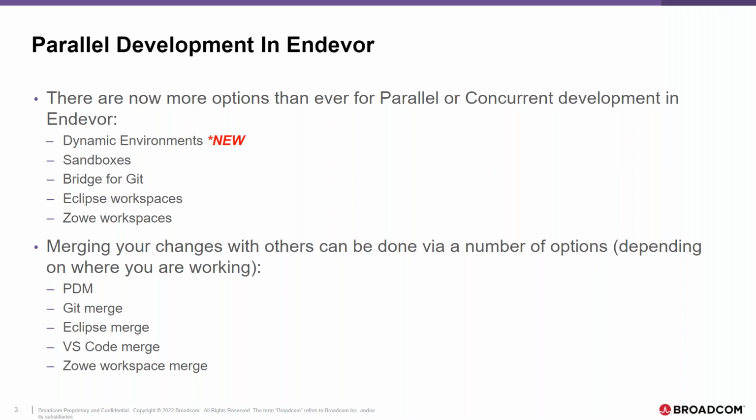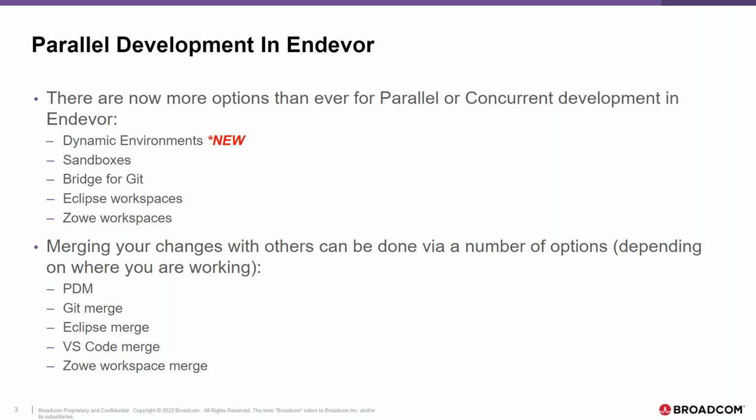So if you're using tools like VS Code, you'll be able to do merges in that workspace in a very familiar way. So we think we've got really good coverage now for the ability to do parallel development in Endevor. Dynamic environments is really the key piece that brings that all together.